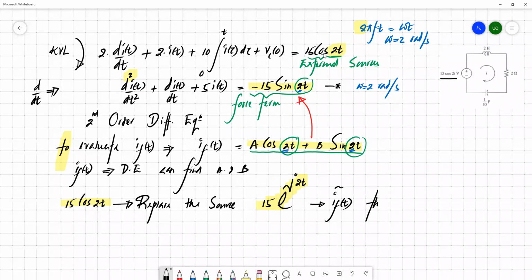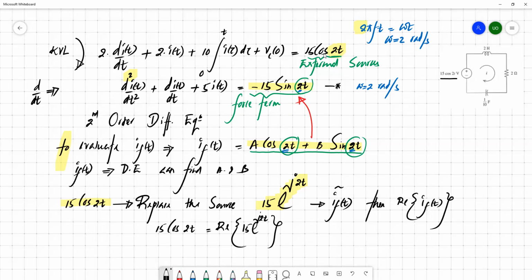So then take the real part of this force response. Why is it real? Because 15 cos 2t is actually the real component of this one: 15 cos 2t equals the real part of 15 e to the power j2t.